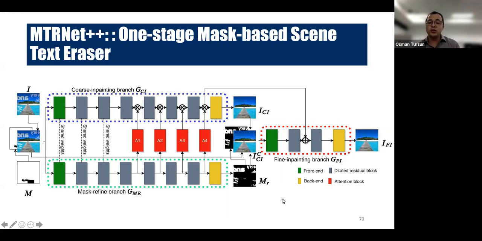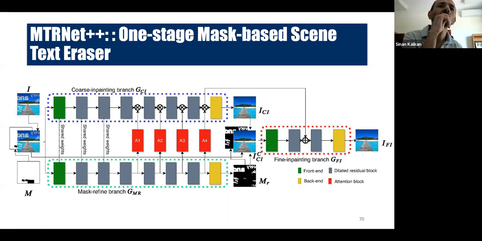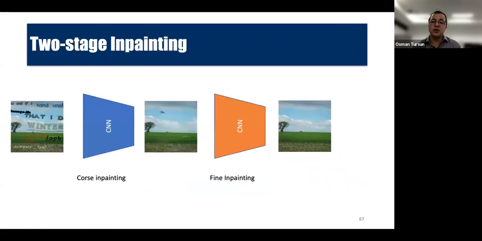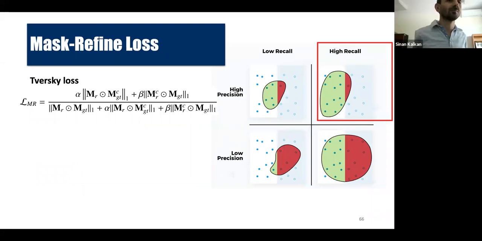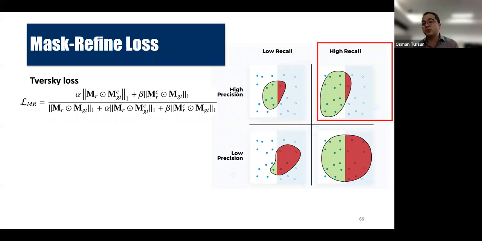We want this mask to always cover the text region. So for this, recall is very important. This Tversky loss ensures high recall, and meantime also assures high precision. So it gives priority to the recall first, and then increases the precision.